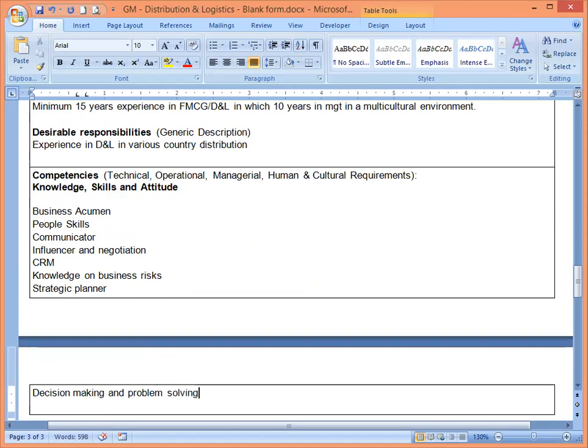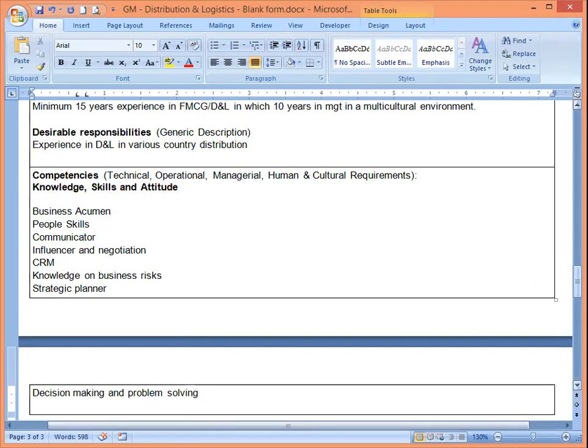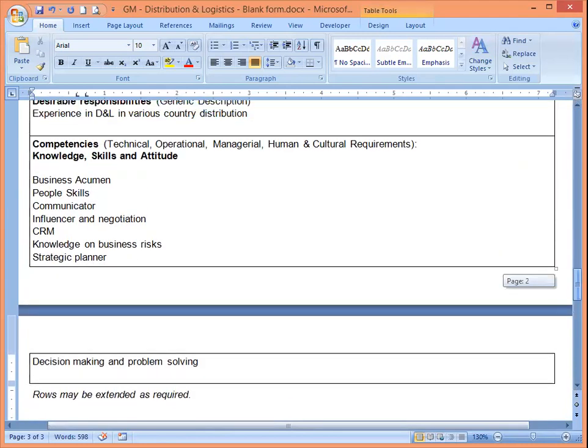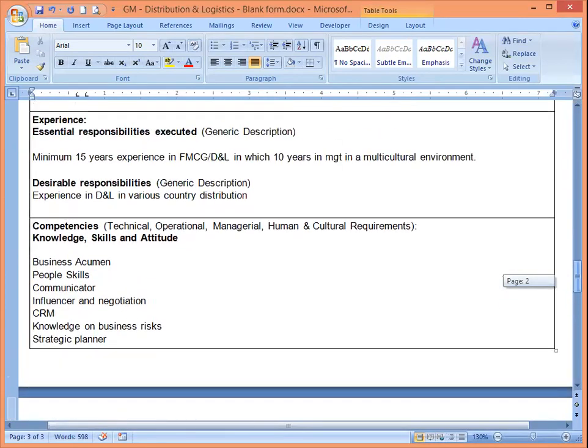You can add more if you want to, but for the sake of this training, I think this is enough, right? So just look at the job analysis. What are the things that you would need for a competency for a general manager in distribution and logistics? So this is the last of our discussion.